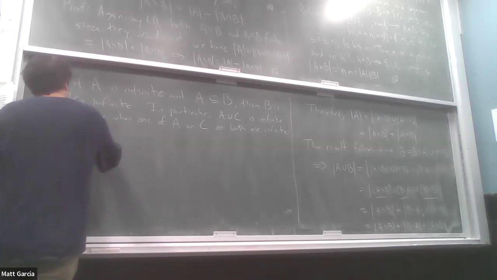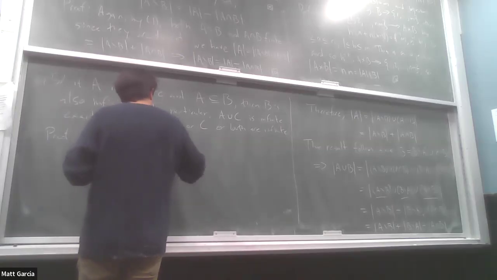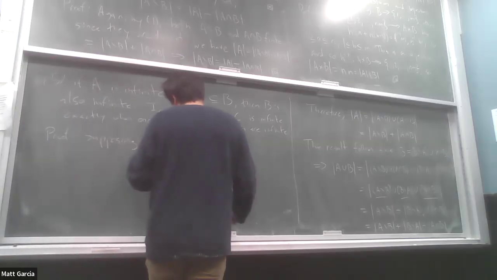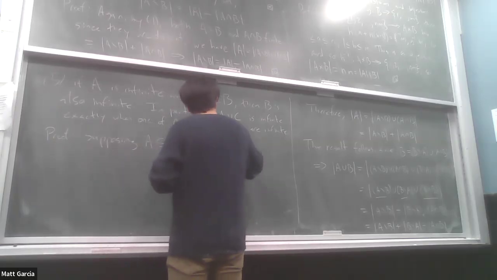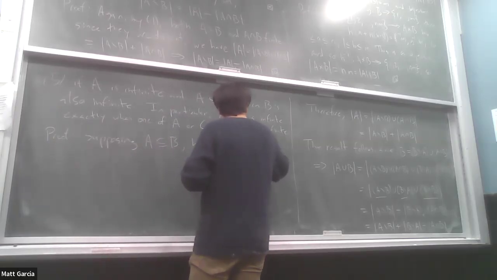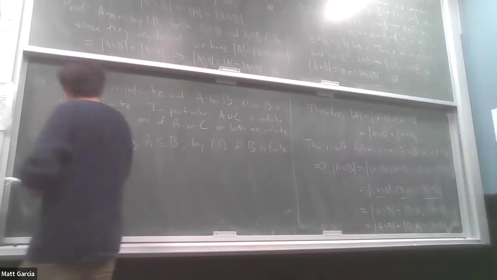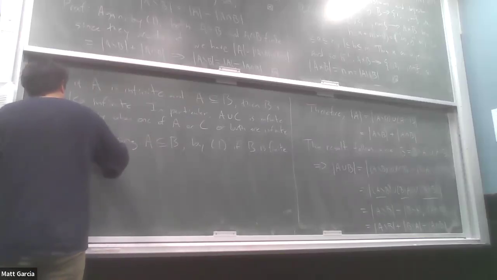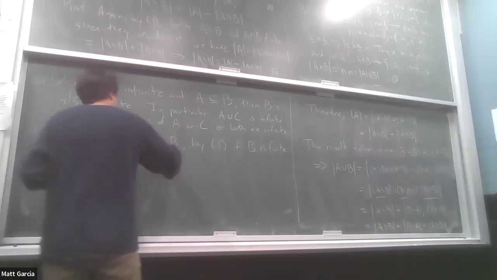Proof. Supposing A is a subset of B, but B is finite. Then A must be finite.